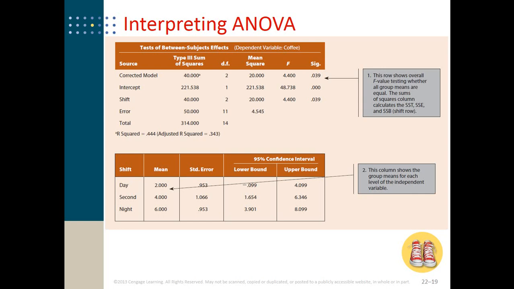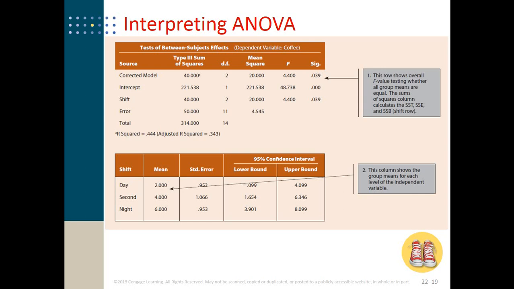Okay, and if we carefully look, the mean for day is 2, the mean for second is 4, and the mean for night is 6. That means there is a significant difference between the average coffee consumption of these 3 shifts. Okay, so when you interpret your results, you should provide a statistical interpretation: this is the p-value, it is less than or greater than the significance level, so we accept or reject our null hypothesis.